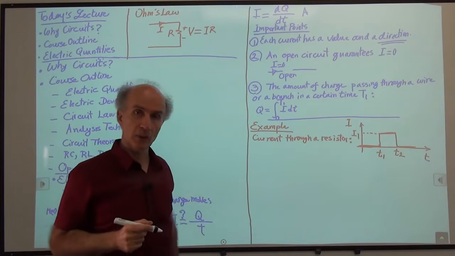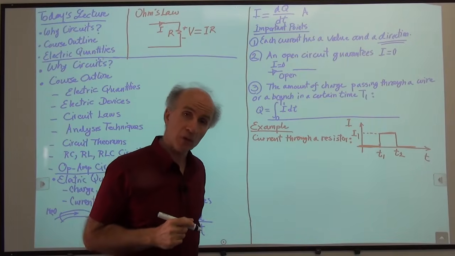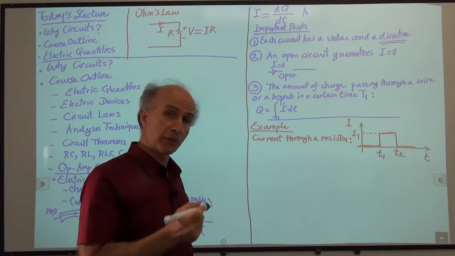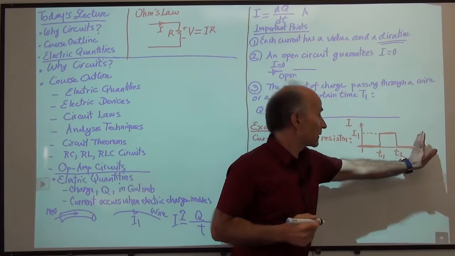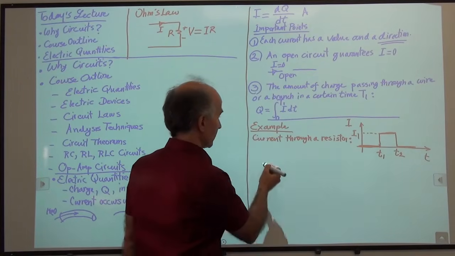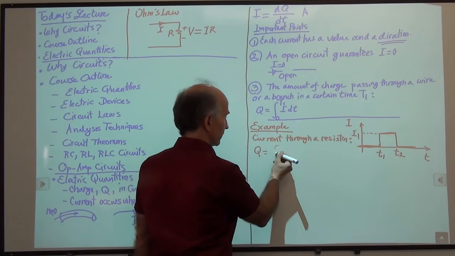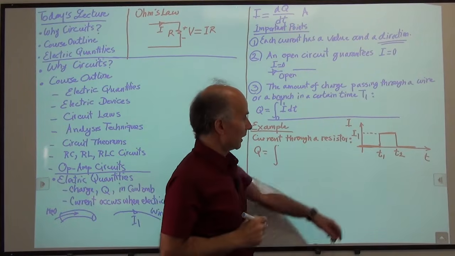All right. Now we are asked to compute the total charge that passes through the resistor after this point in time, after all of this is finished. So we say Q is equal to the integral of the current.